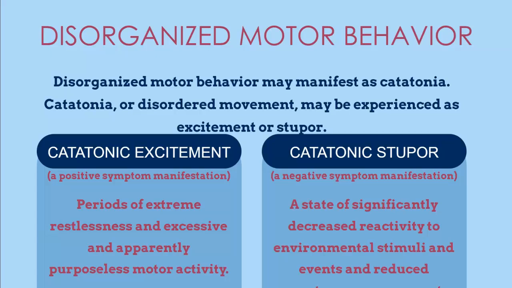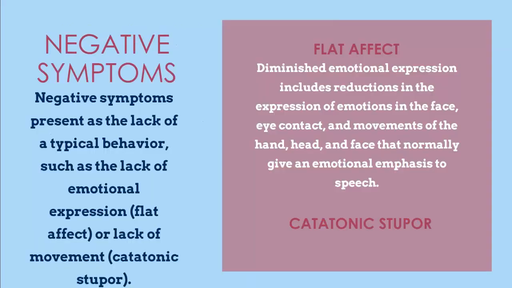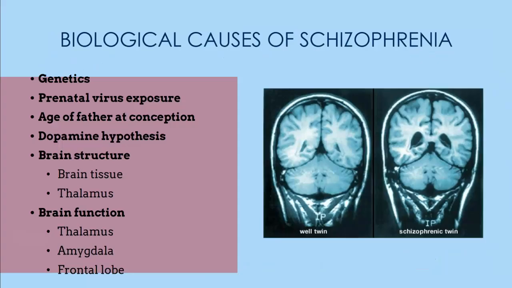Sometimes they hold on to like a waxy flexibility, but decreased reactivity. Some negative symptoms that occur is a flat affect, and this is where they seem like they're showing no emotion at all, just like a motionless face, lack of eye contact. They don't move their hands or heads, they don't speak, they're just nothing, and that would be a flat affect.